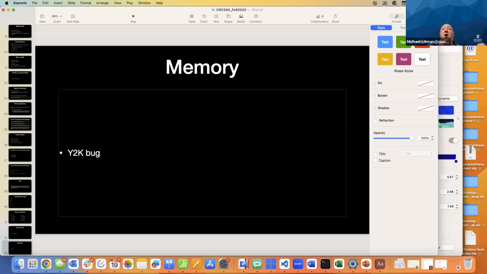So now they're like, oh no, what things are going to break because of this, with all of a sudden people being negative 71 years old and stuff like that. Things get kind of weird. So there was this worldwide upgrade where they updated all these pieces of software to use 4-digit dates rather than 2-digit dates.